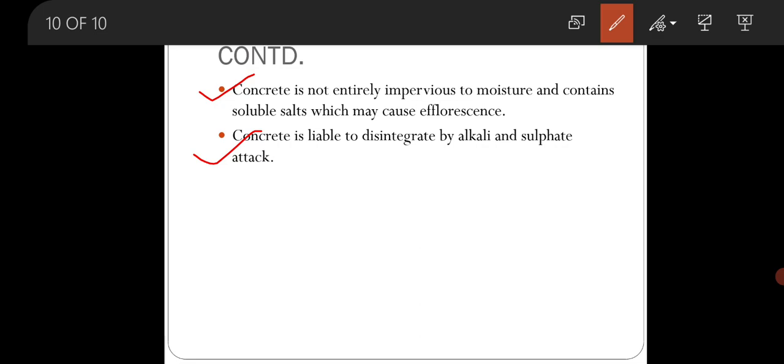So these are the disadvantages of concrete. And with this we have completed this topic, and in the next class we will discuss the next topic, that is cement.